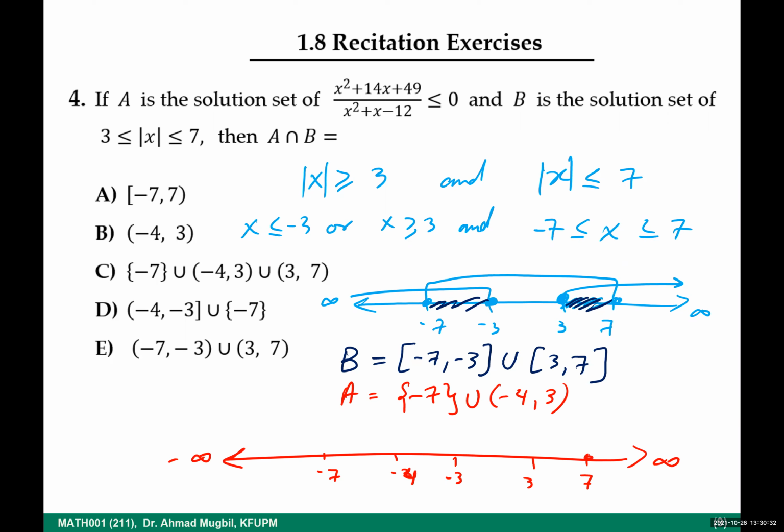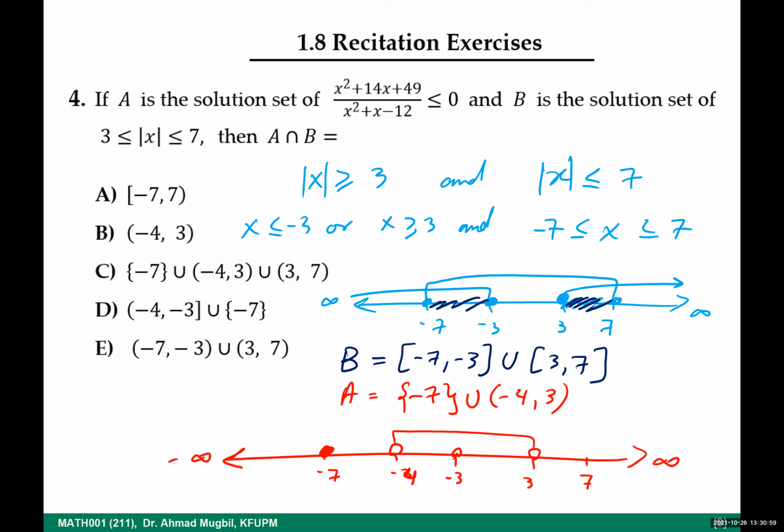I will use the red color for A, and I will use the same color for B. Not to negative 3, you're right. So let's correct this. It is from negative 4 to 3. Okay, yes.